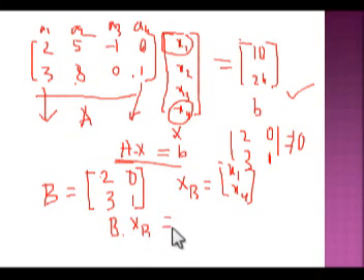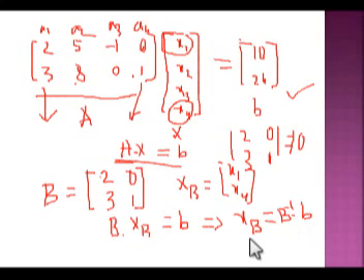If we multiply both sides by B inverse, then B inverse and B will be the identity matrix, and multiplying with the identity matrix, xB remains xB, and on the right side we get B inverse b. So if you wish to know the basic variables, we have to calculate B inverse b.